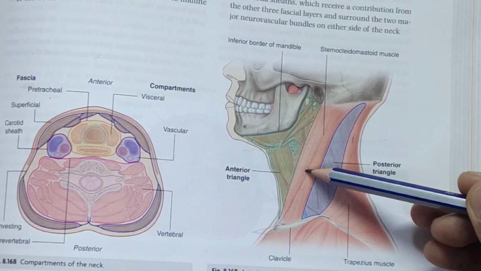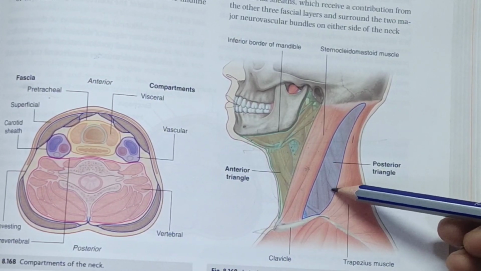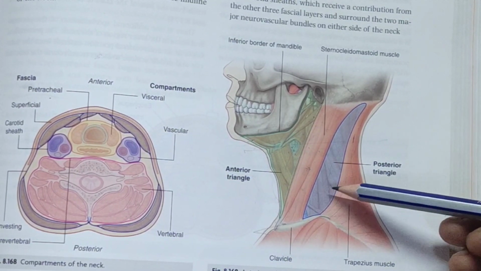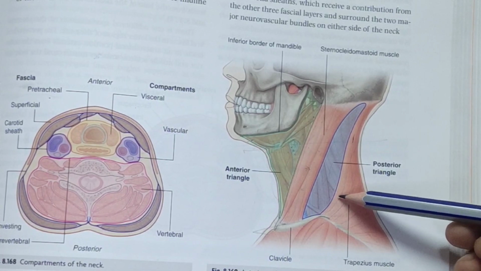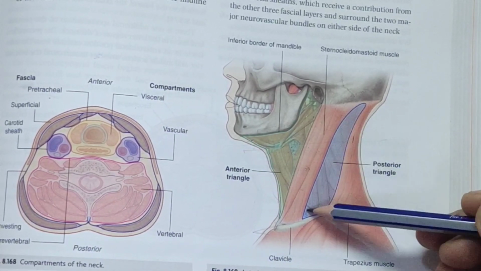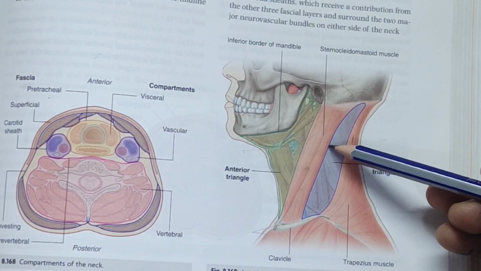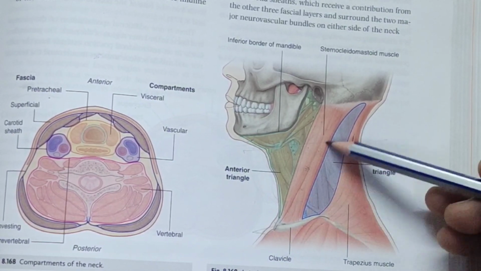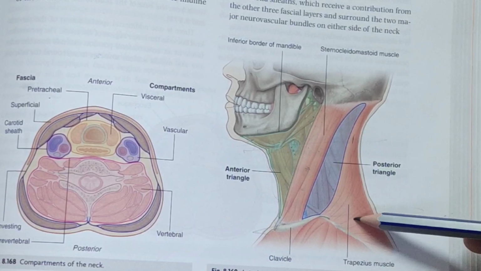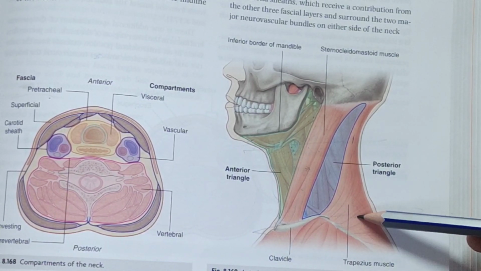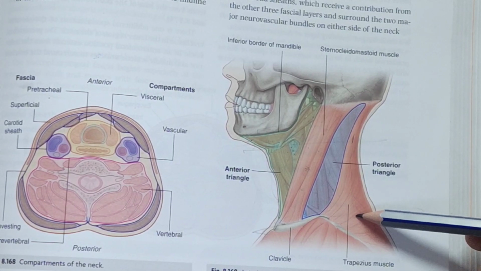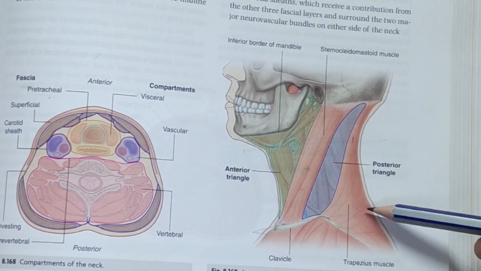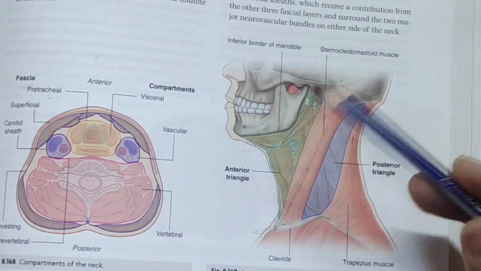And the last region is the fourth region, the lateral region, which is a space on the side of the neck situated between the sternocleidomastoid muscle and the trapezius muscle. So the lateral region of the neck is situated between the sternocleidomastoid muscle and trapezius muscle. So there are four regions.